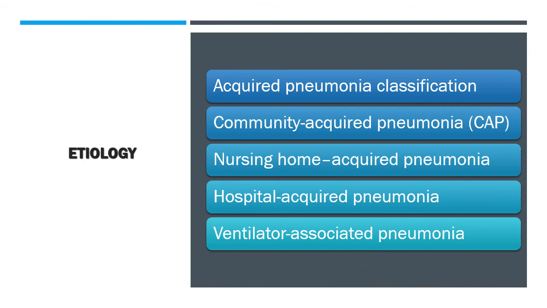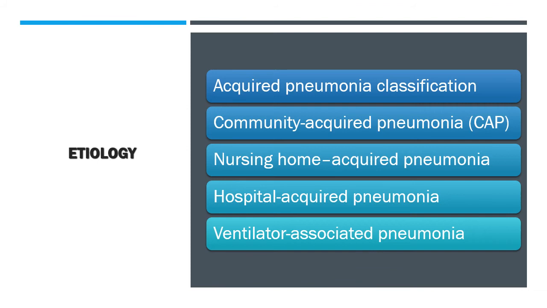If you got the pneumonia in a nursing home or a subacute facility, it's called a nursing home acquired pneumonia. A hospital acquired pneumonia or nosocomial pneumonia is defined as a pneumonia that occurs 48 hours or more after hospital admission and was not present at the time of admission.